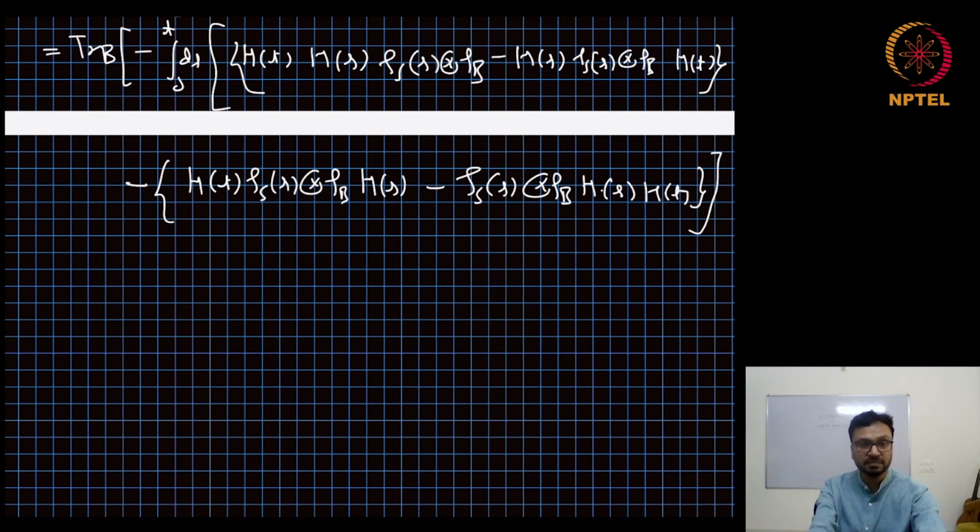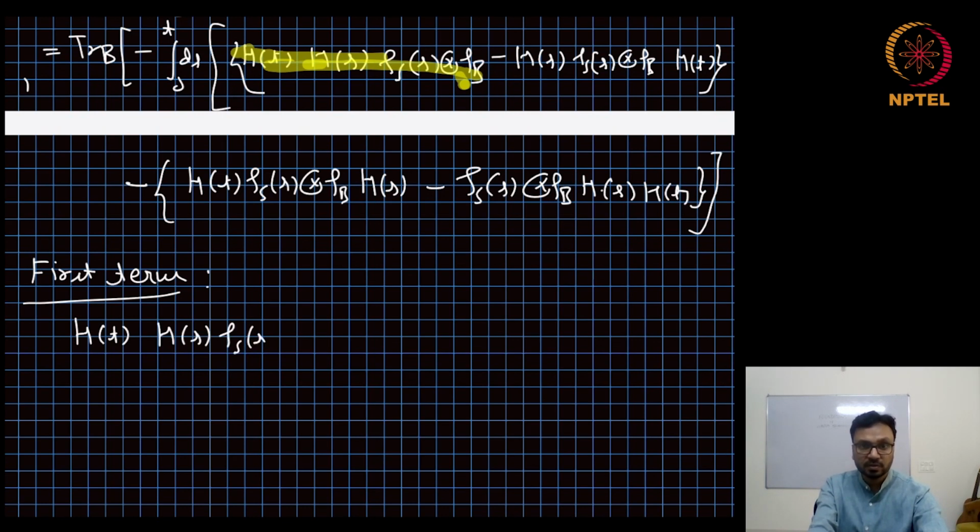We take the first term alone. This is the first term I'm writing here. So the first term is H_t H_s rho_s(s) times rho_b.